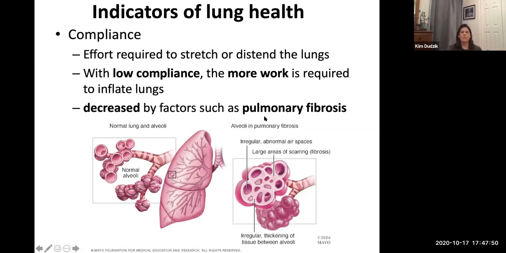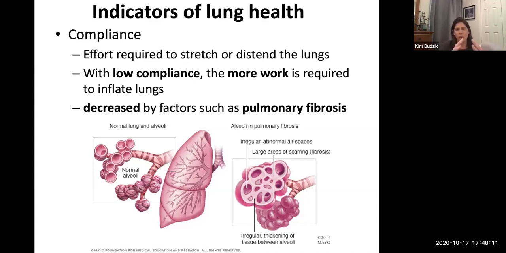Okay, so what I was saying was, indicators of lung health, one of the main things we look at is compliance. Compliance has to do with the effort it takes to stretch your lungs, which we call distension.